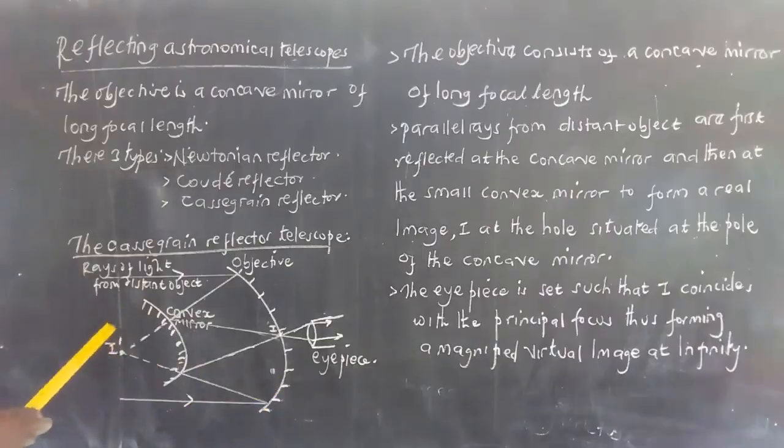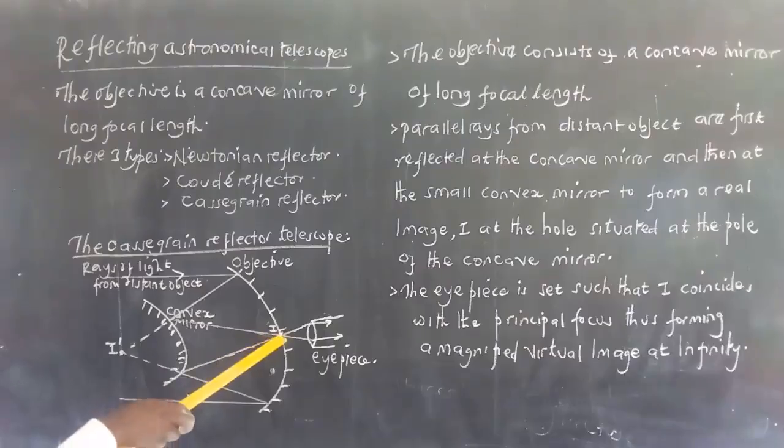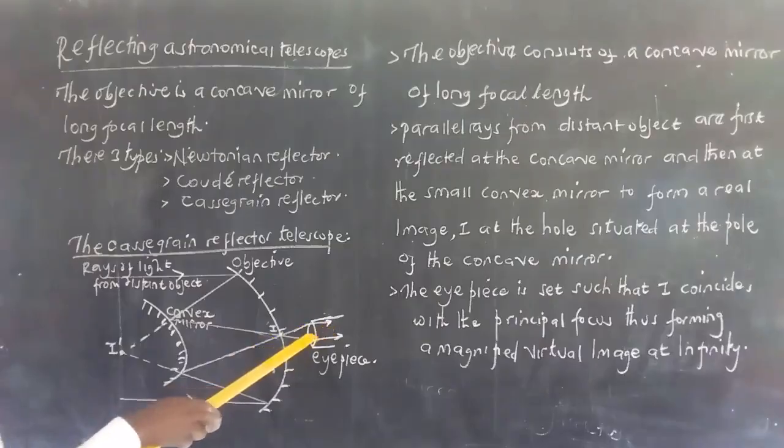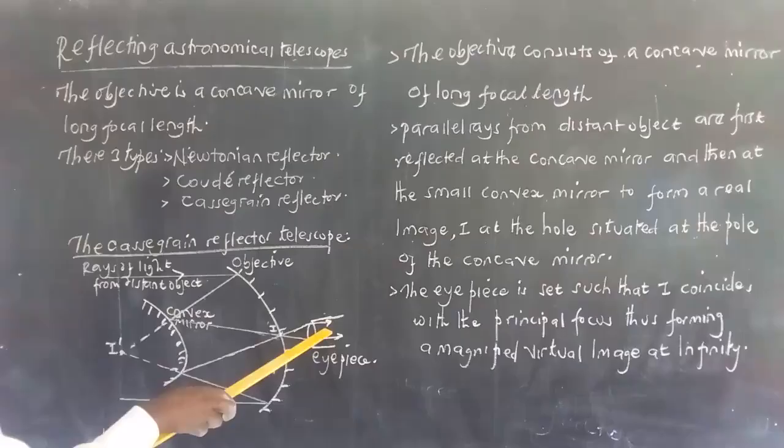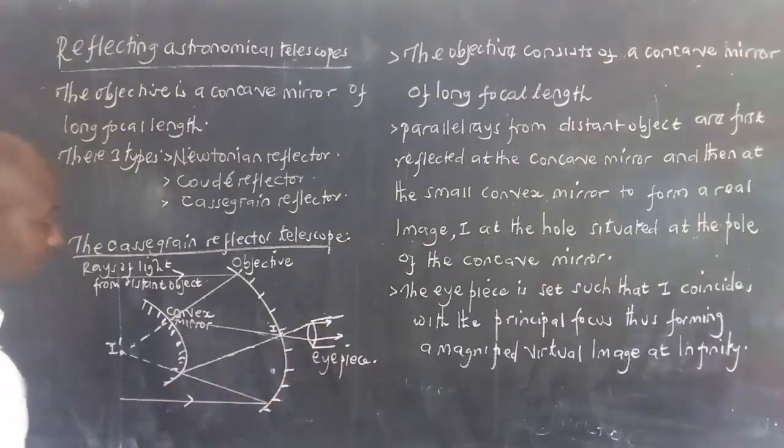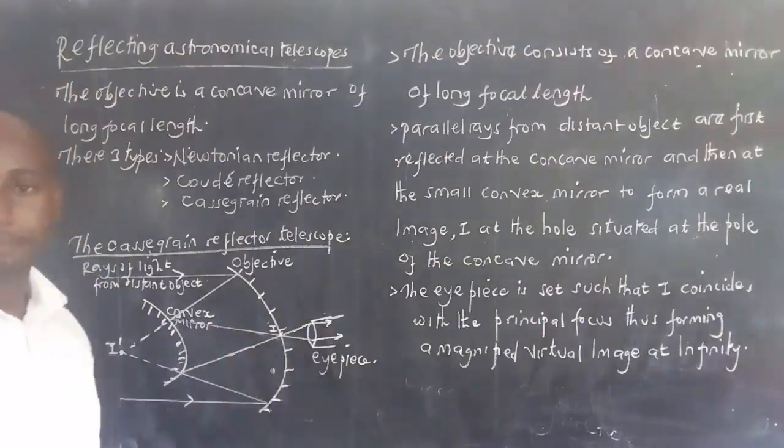The convex mirror forms an image at the pole, and the eyepiece is adjusted such that this point coincides with the principal focus of the eyepiece, and the eyepiece forms the final image at infinity, which is magnified and virtual.